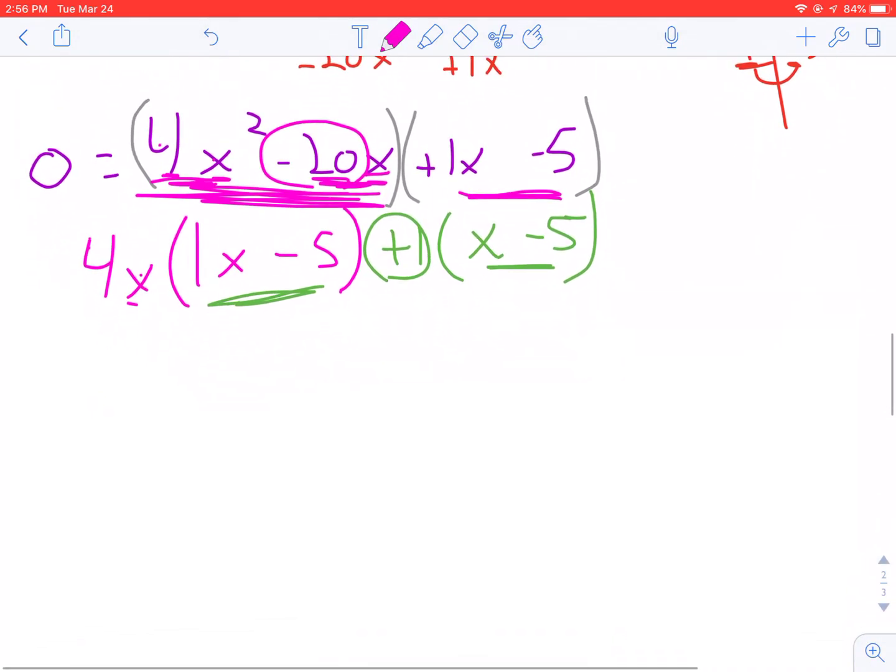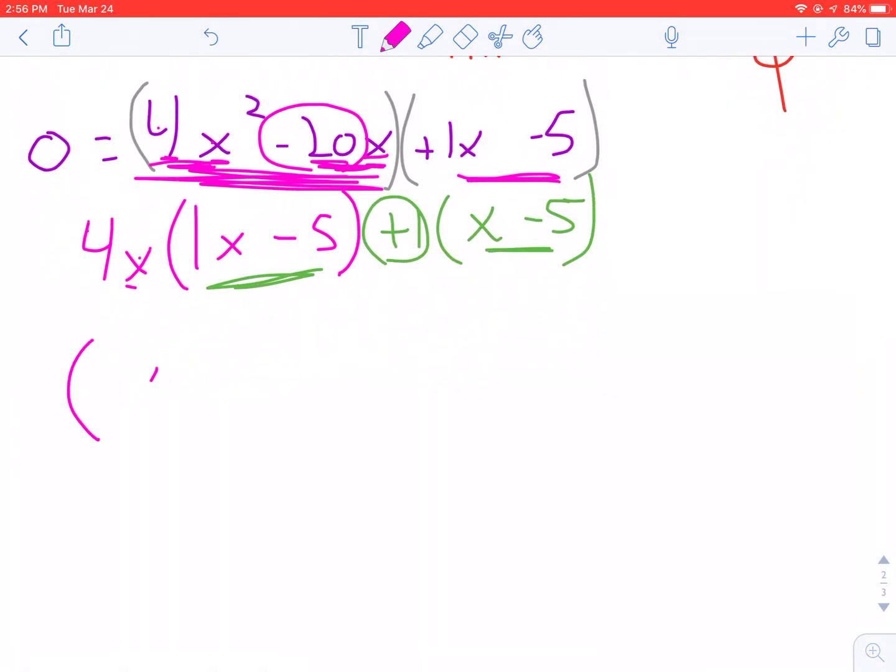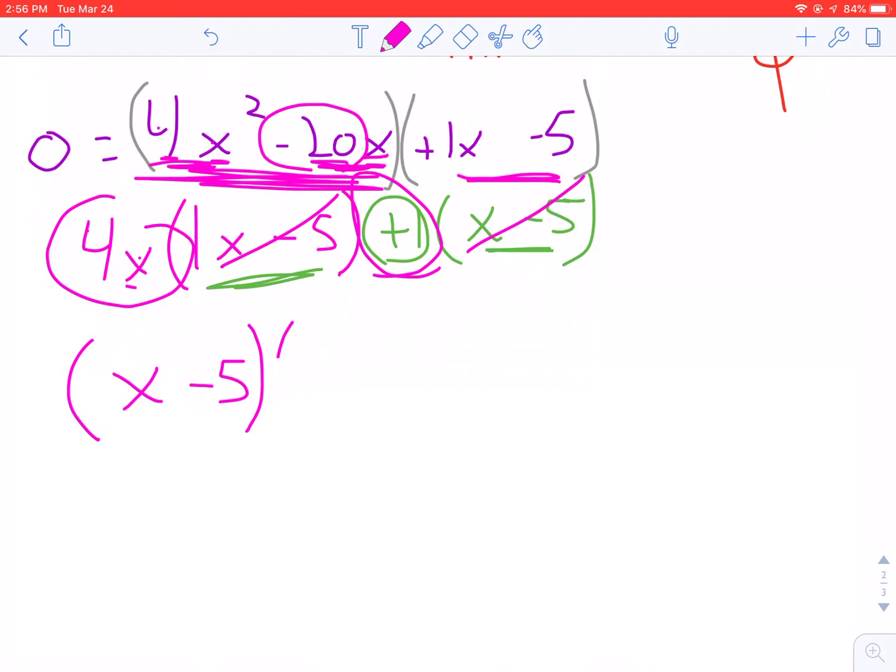Okay, so when I go to do this, I have x minus 5. I factor that out, leaving me with 4x plus 1. Technically, that 2 that we originally factored out is still there, but it doesn't really do anything for us because there's nothing really to worry about.